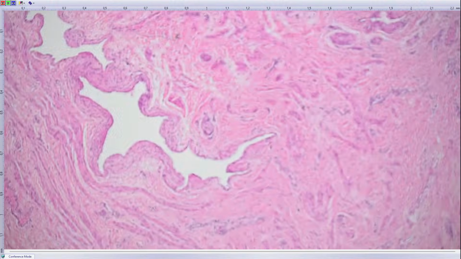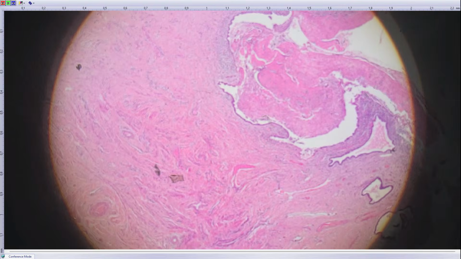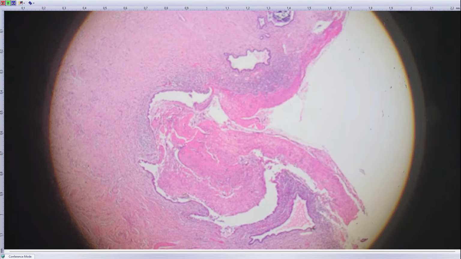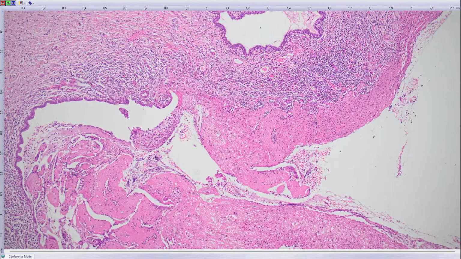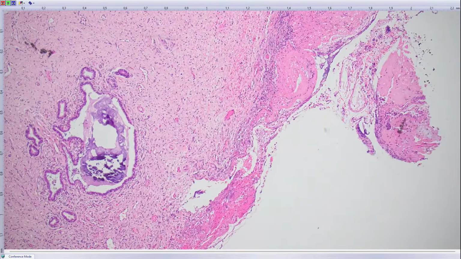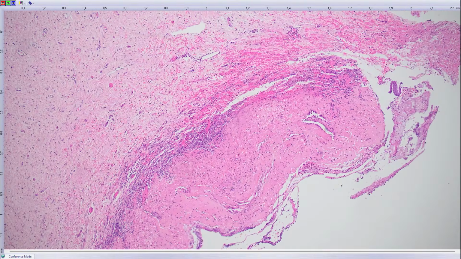Here I have another patient with the same process in the vagina. It's a different patient, but the process is in the vagina. And look, here it is very nicely seen how these eosinophilic deposits are seen just under a surface which is sometimes ulcerated.